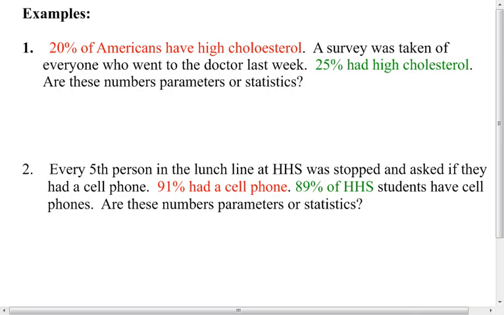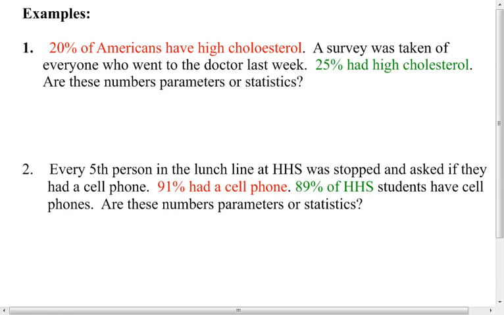So here's some examples. 20% of Americans have high cholesterol. A survey was taken of everyone who went to the doctor last week, and 25% of them had high cholesterol. So there's two numbers there, 20 and 25%, and you need to determine whether those numbers are a population parameter or a sample statistic. Okay? So 20% of Americans.